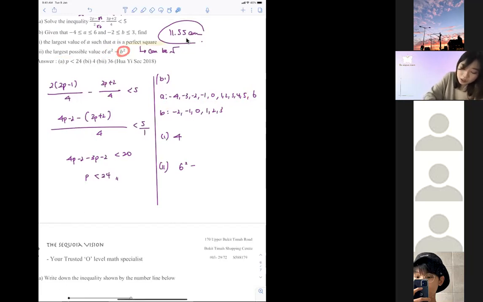I want this to be as small as possible. The smallest value of anything square is 0, because -1 square becomes 1, -2 square becomes 4. So you minus 0, you get 36. Can you help me put here? Smallest of anything square is 0.